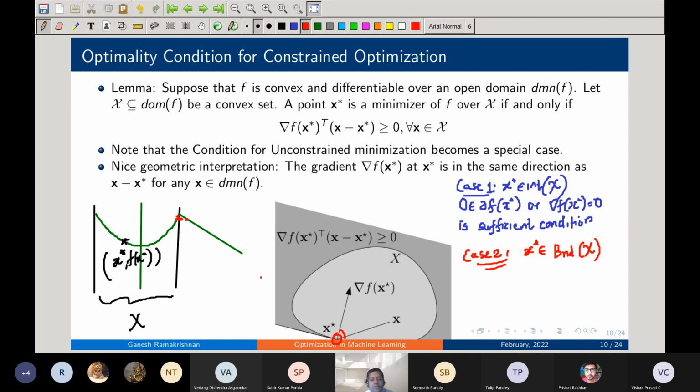Now if you had a constraint, and the function was behaving like this, the green was the function, and you have this red point sitting at the boundary, x star. Then what we are saying is the direction of the gradient, obviously now you have to go back to the input space x, is forming an acute angle.